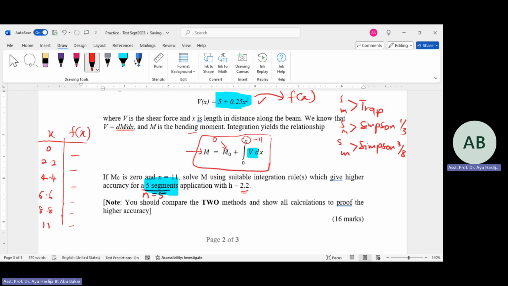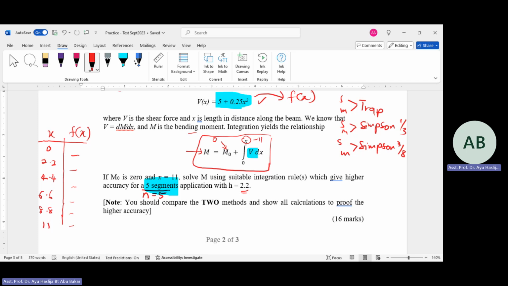Which rule can you use for n equals to 5? Any idea? Simpson 1/3 for all points. Okay, let's say we use 1/3.